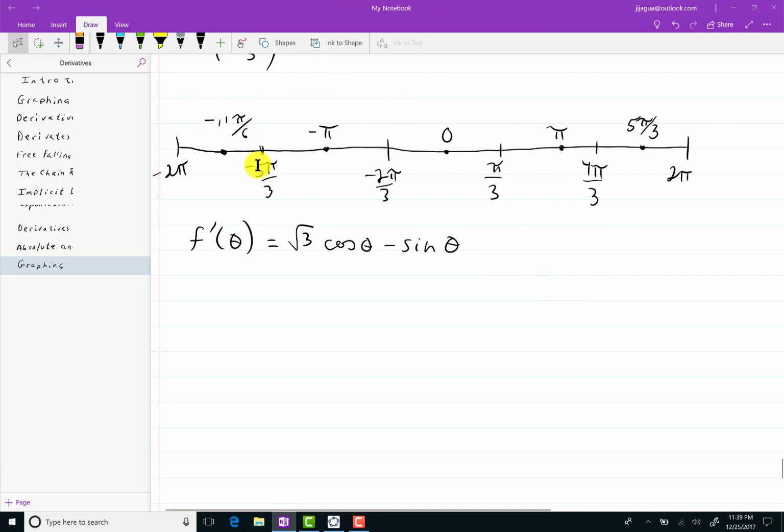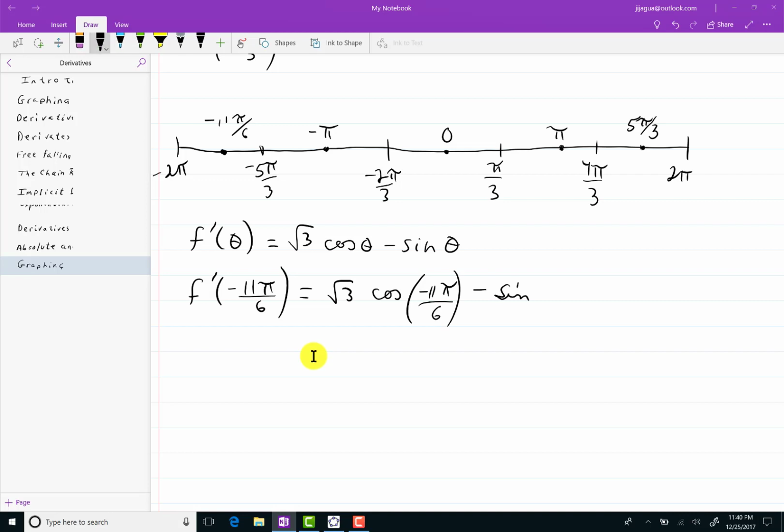Negative 11 pi over 6. That's radical 3 cosine negative 11 pi over 6 minus sine negative 11 pi over 6.